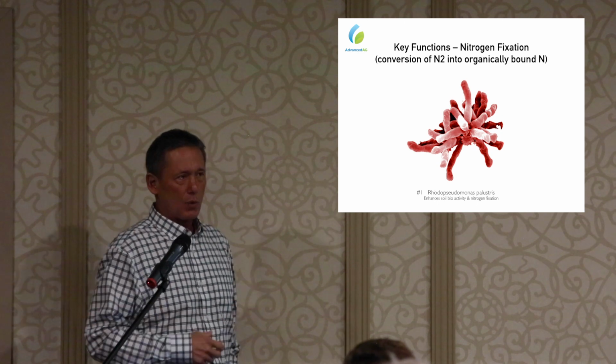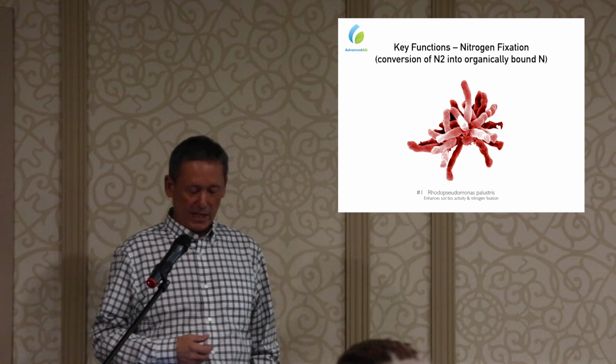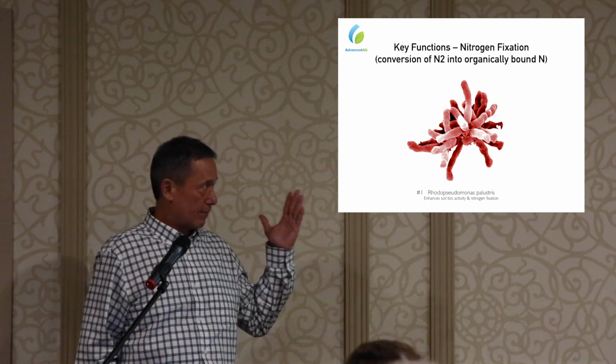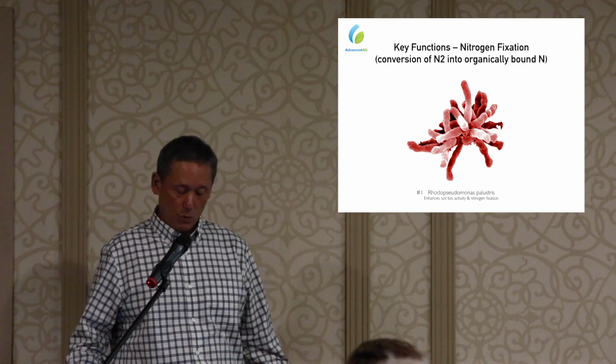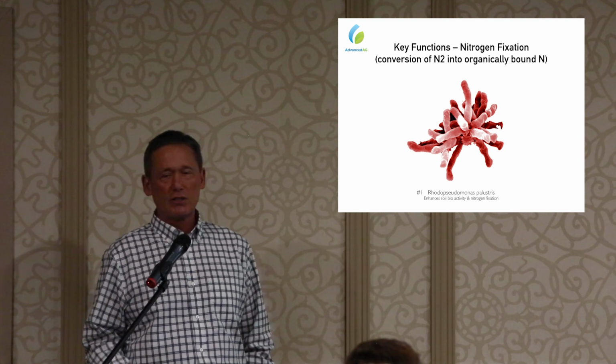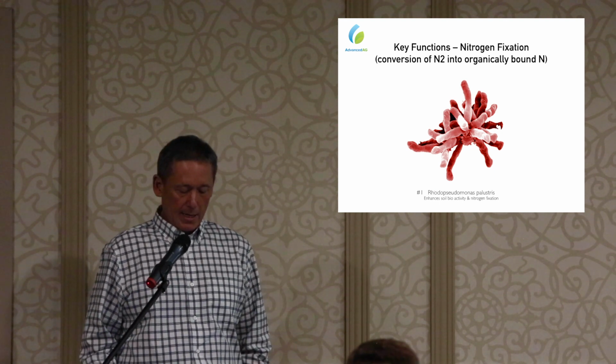When we listed the direct functions, the first one we listed was nitrogen fixation. This is an electron micrograph of Rhodopseudomonas with its red pigmentation, a very potent nitrogen fixing organism.